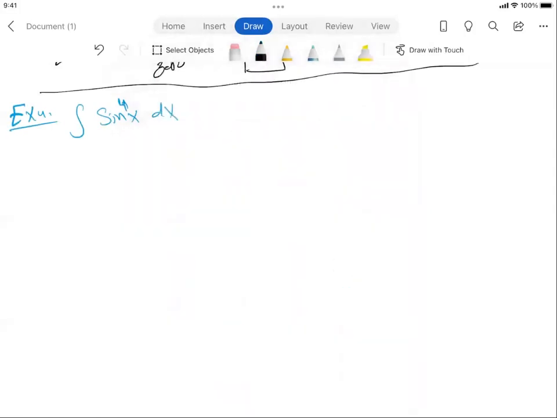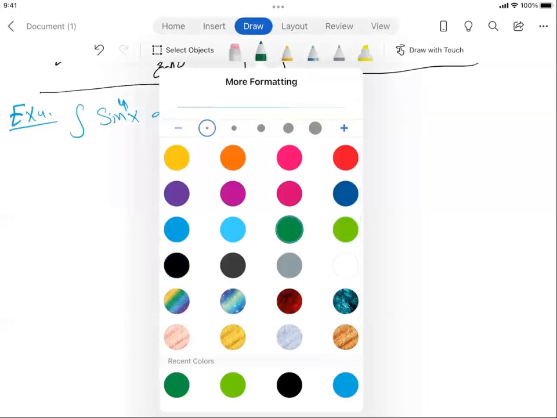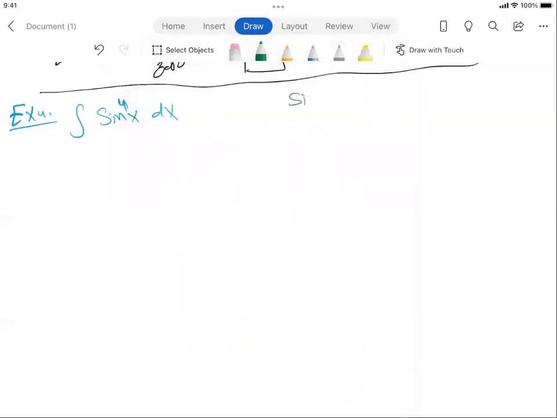Well, let's see. Let me remind you of the identity again. Sine square of x equals 1/2 times 1 minus cosine of 2x.